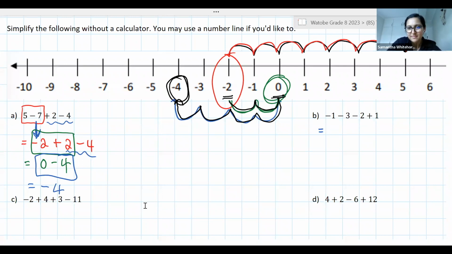-1 minus 3 is -4. Good. And then -2 plus 1 is -6 plus 1. Okay, cool. So we've got -6 plus 1. Perfect. And then that will give you -5. Excellent.